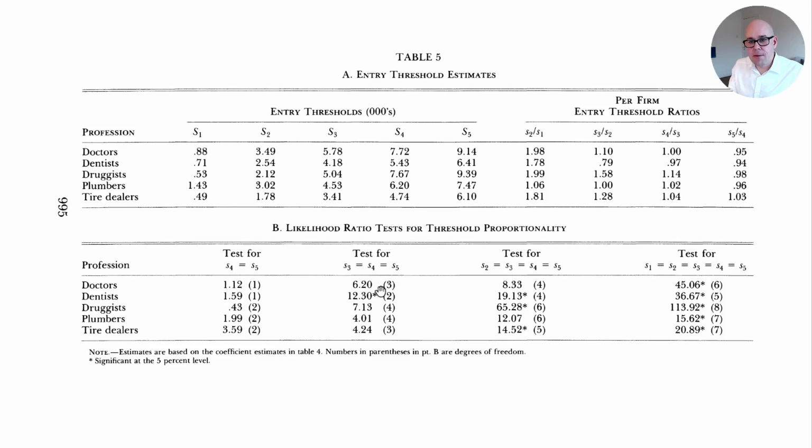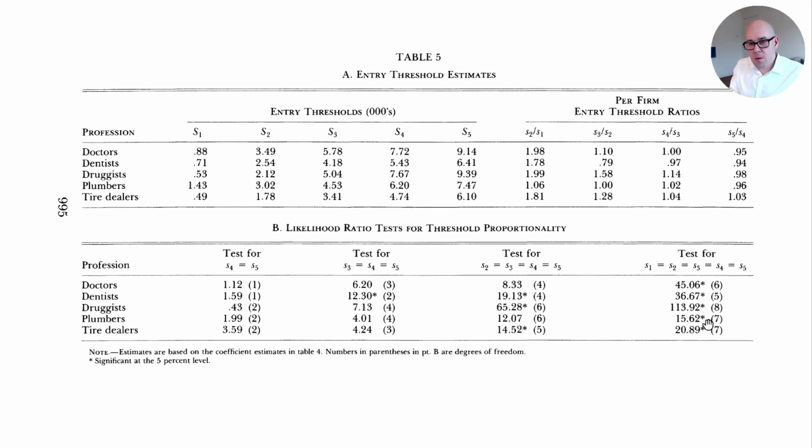And they look at various combinations, so that little s4 is equal to little s5. So the little s is always capital S divided by capital Sn divided by n. Capital S5 divided by 5, capital S4 divided by 4. So this tests whether this number here is equal to 1.